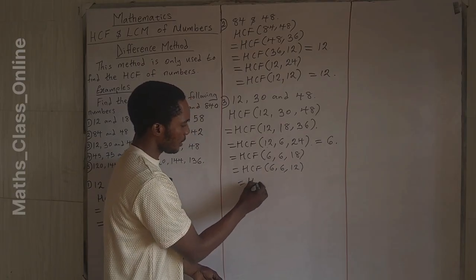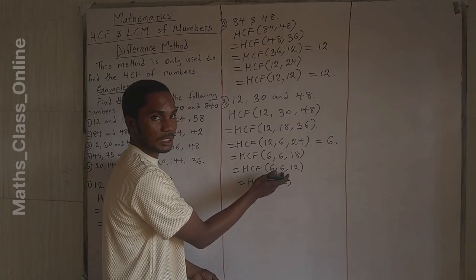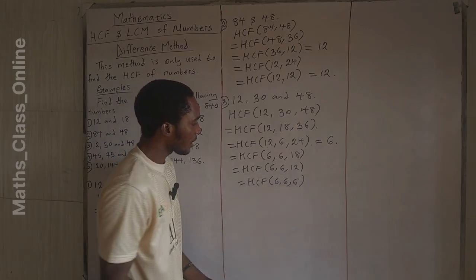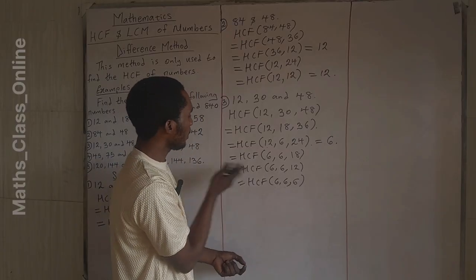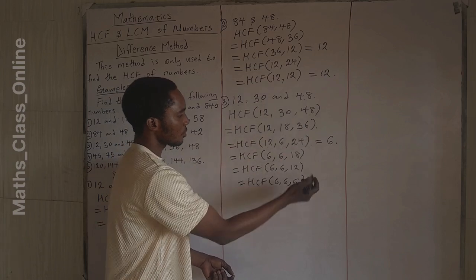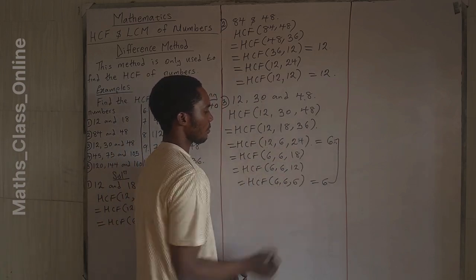You can still have this to be HCF of 6, 6, because these two are the same. 12 minus 6, that is what? 6. You can see that we now have 6, 6, 6. That means that the highest common factor of 12, 30, 48 is what? Is 6, which is the same as what we have here.